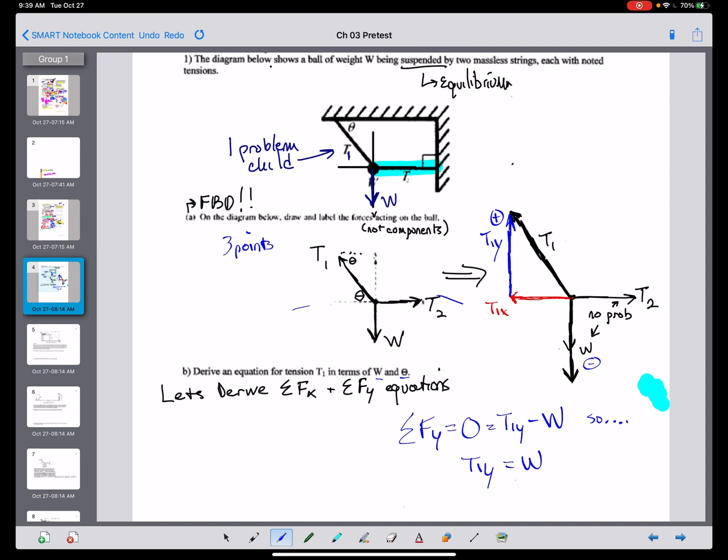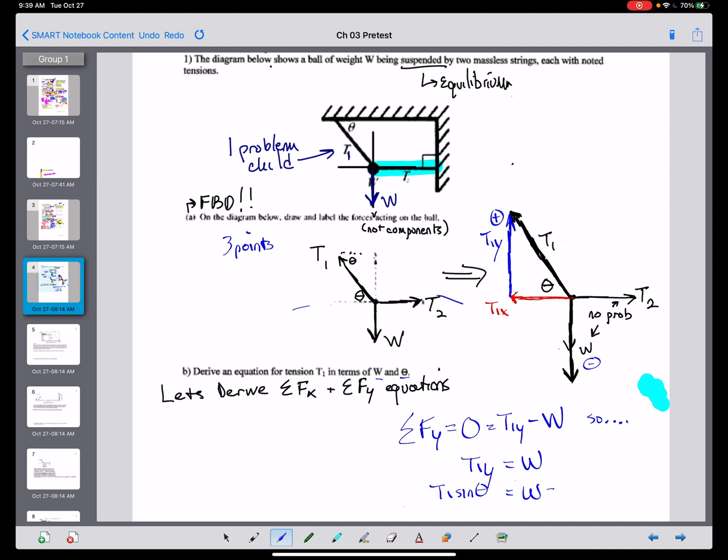What does T1Y equal? Well, since this is theta here, that's the opposite side. That's your sine theta function. So we have W equals T1 sine theta.